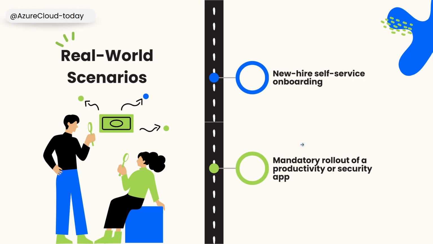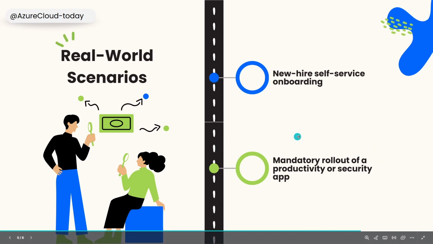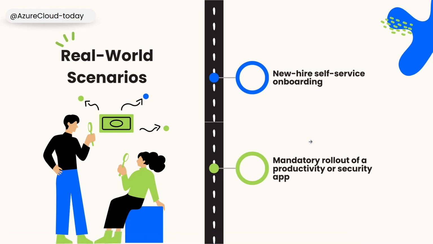The solution would be to make use of Microsoft Intune and mark the app as required and assign it to all users so that everyone would have those mandatory applications installed on their enrolled device.